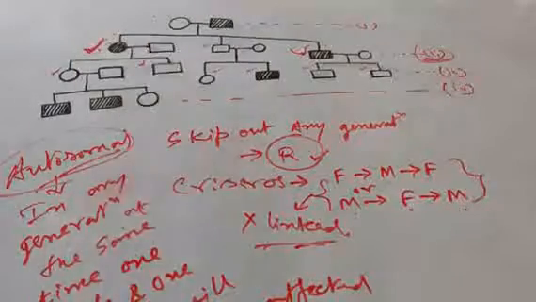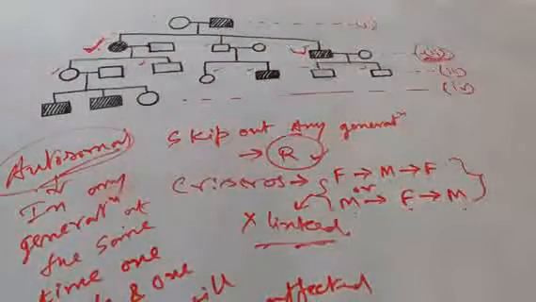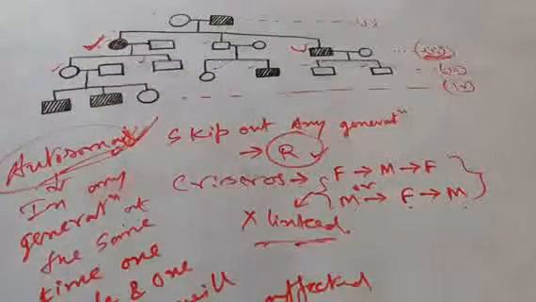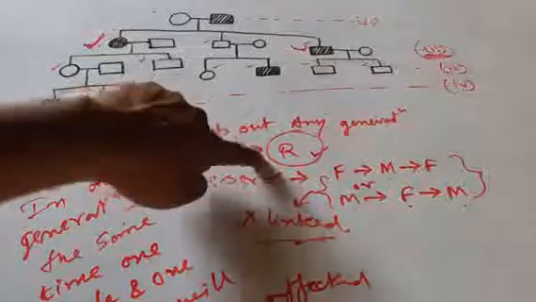So this will be autosomal. If in any generation at the same time one male and one female are affected, then it will be autosomal. And if any generation is skipped, it will be recessive.